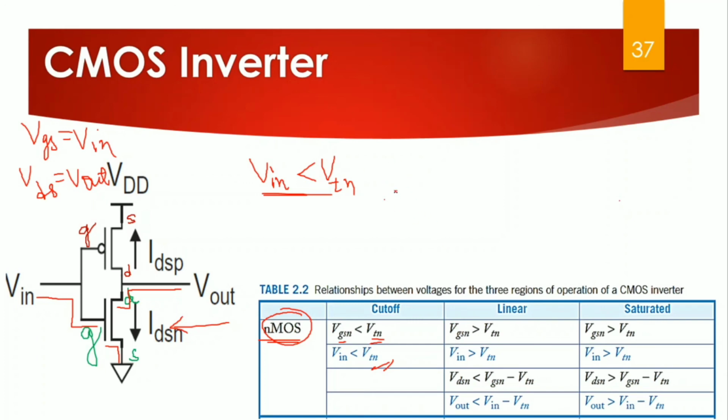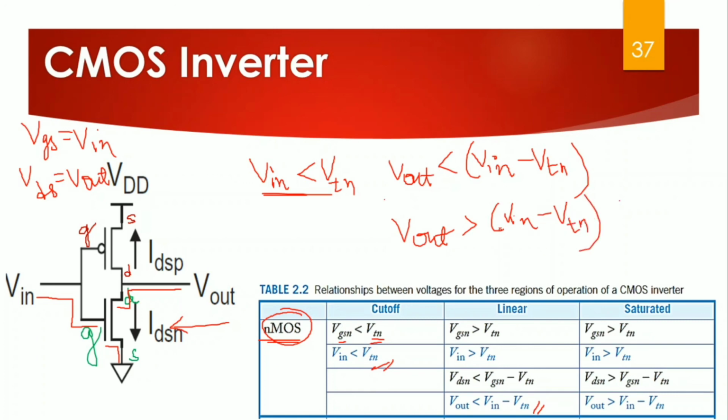VDSN is nothing but Vout, so Vout less than Vin minus VTN. You got the same expression. Similarly, Vout greater than Vin minus VTN, where you only change the sign. This is how you write the expressions for different conditions in MOSFET.